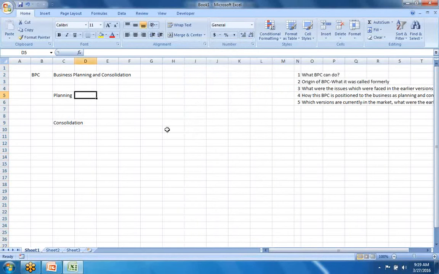Planning is nothing but projecting the future activities of the company.